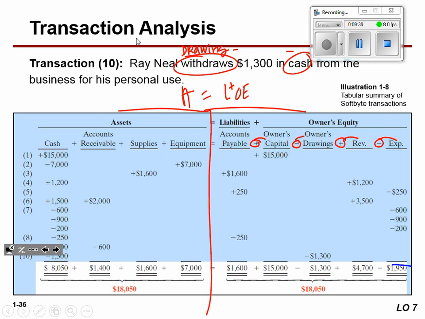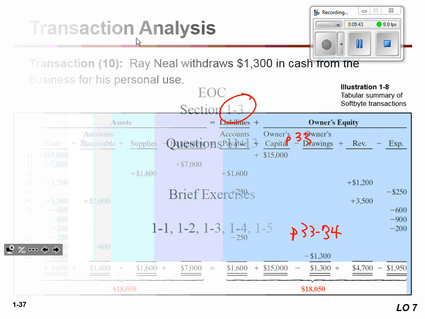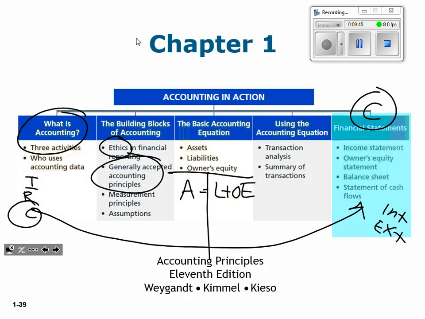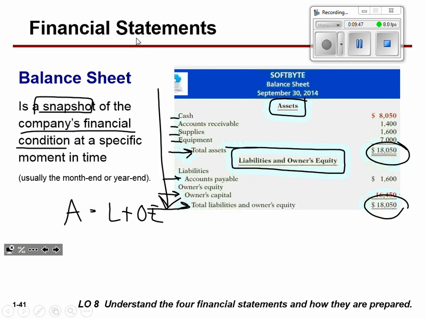Remember this? 18,050 equals 18,050. Well, then the C part of all of this, we communicate that same thing in a much more visually appealing professional format. That is the same thing we did with that transaction analysis. It just looks nicer. Would you agree?